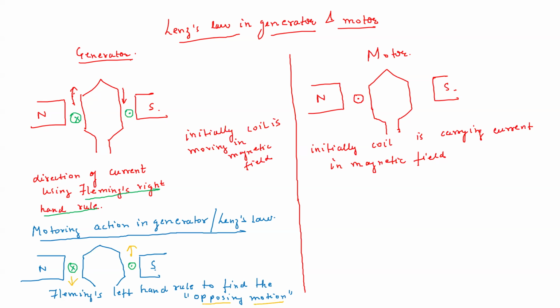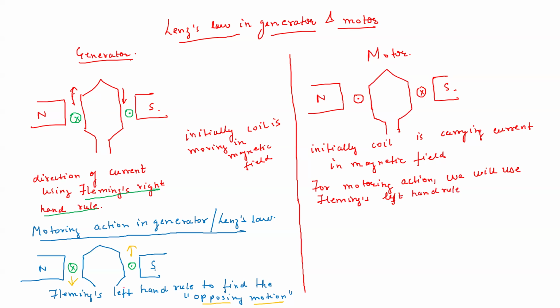Similarly here, I am saying that initially the coil is carrying current. Let us say the conductor under the north pole is carrying dot, and here it is carrying cross. For motoring action, we will use Fleming's left hand rule.